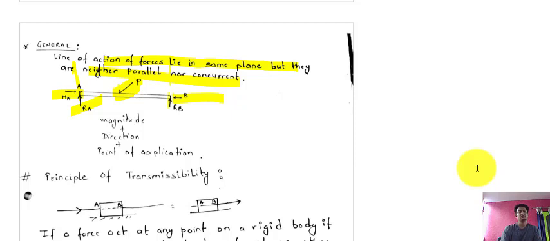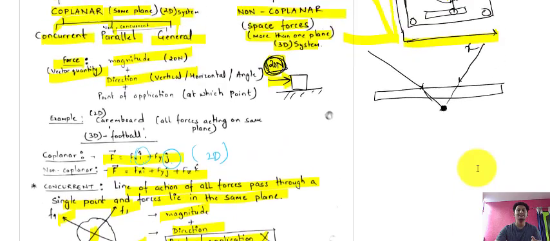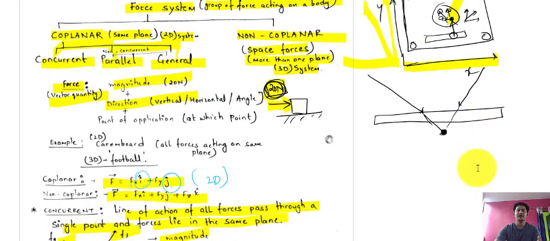So here also we need three things, that is magnitude plus direction plus point of application. So this is the force system. When we talk about the same plane, that is the case of a coplanar system, and when it is not in the same plane, when we talk about the 3D case, that is a non-coplanar system.